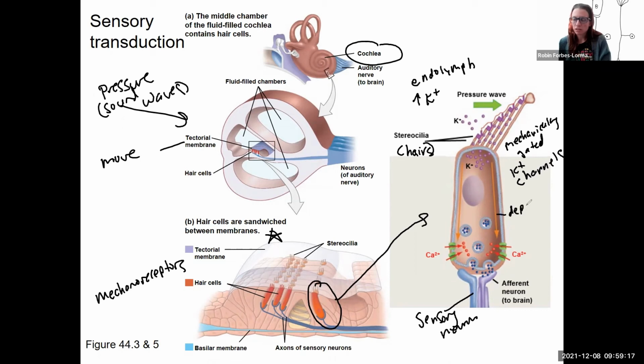Depolarization of this hair cell. What's happening here? Calcium-dependent vesicle release. Calcium influx causes vesicles to fuse with the postsynaptic membrane. Neurotransmitter, probably glutamate, is released, causing a signal in the sensory neuron.